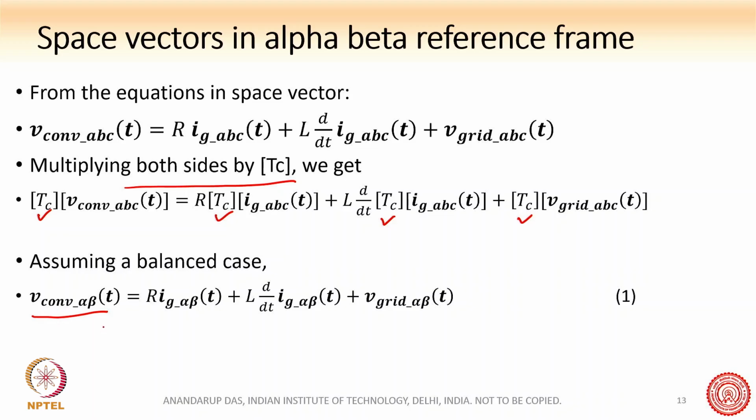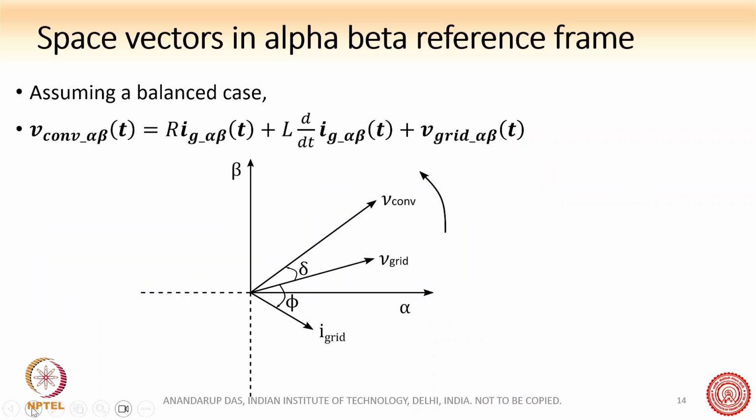So the converter voltage space vector in the alpha beta reference frame, the equation is something like this. It is very similar to the equation that we had written in the ABC reference frame.